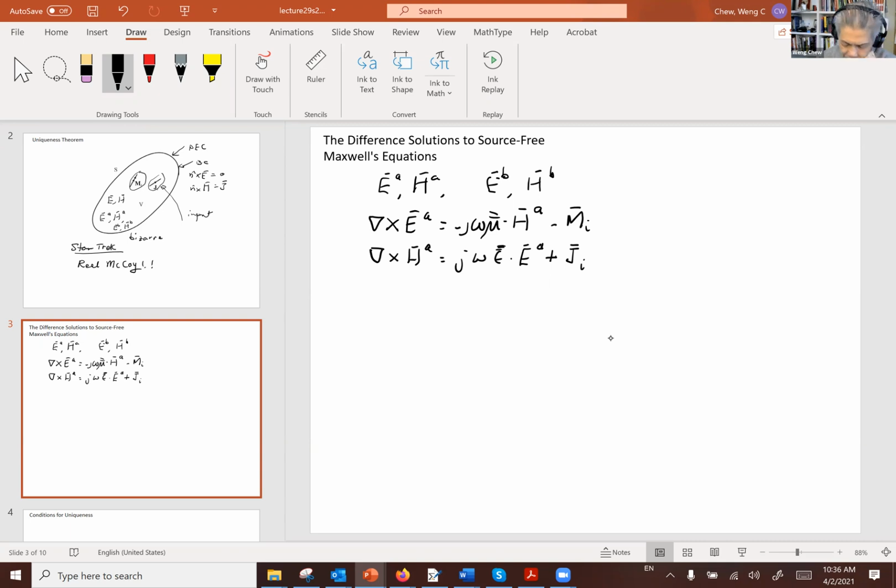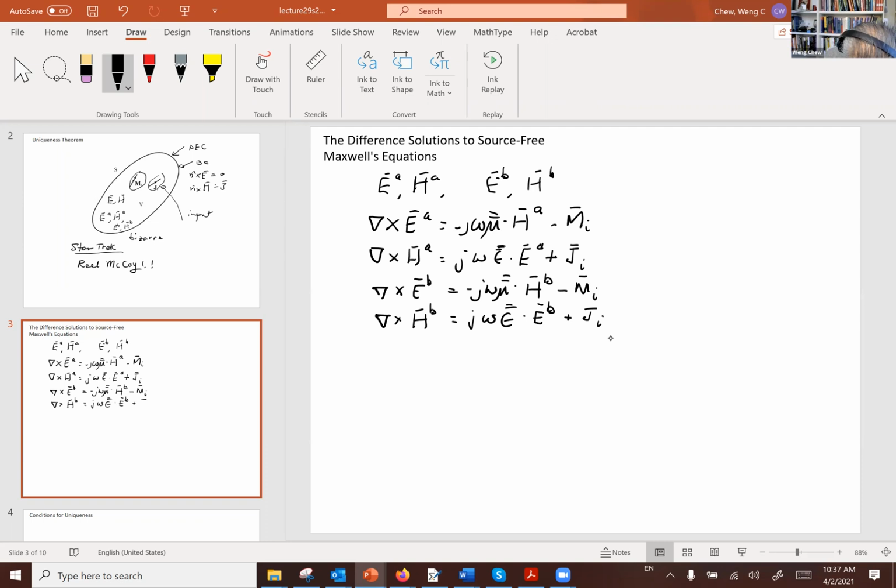Let's not worry about the third and fourth Maxwell's equations, because we know that they can be derived from the first two if omega is not equal to 0. The bizarre case would be if I have another set of solutions, E_B, satisfying exactly the same equation, with minus M_i, and then H_B also satisfying the same equation, but with a different electric field.